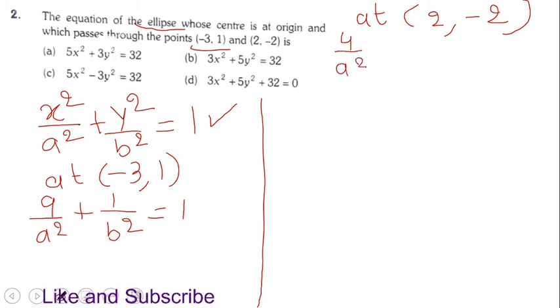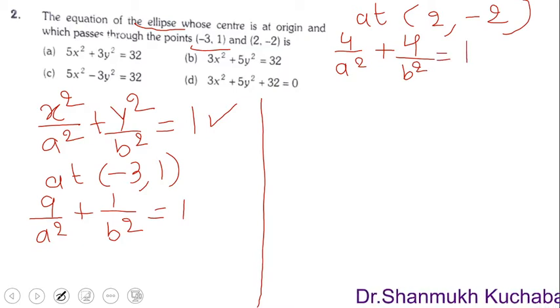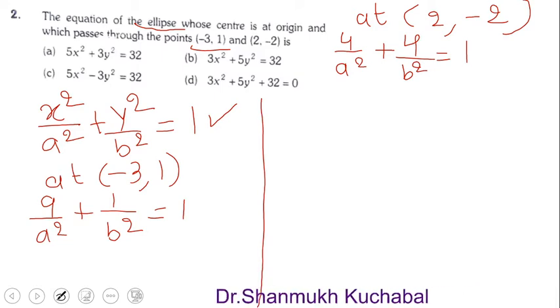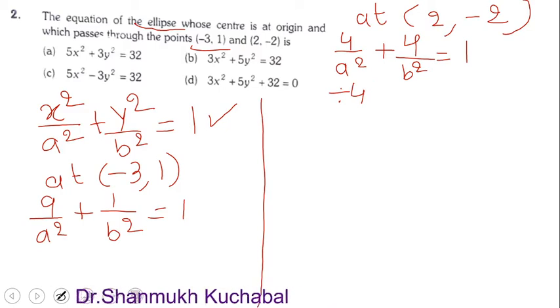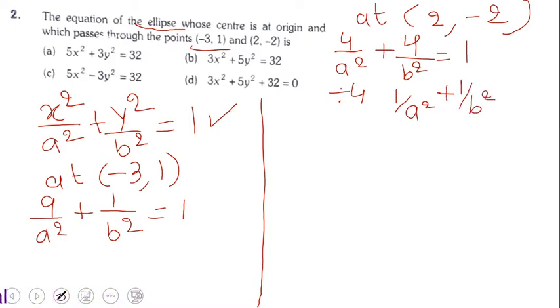Next, -2 square is 4, giving 4 divided by b square, equal to 1. Now we divide the whole equation by 4, and we get 1 divided by a square plus 1 divided by b square equal to 1 divided by 4.